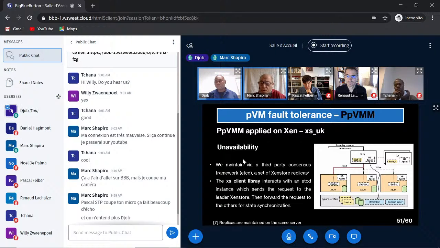But your motivation, you said you want to guard against crashes, but you also want to guard against lack of resources. So if you're on the same server and if one of them lacks resources, the other one is likely to be lacking resources as well.